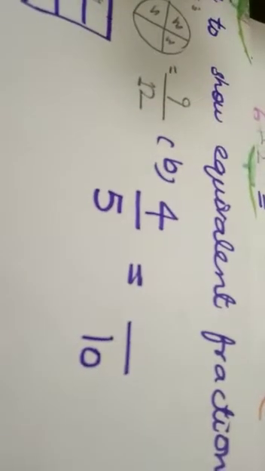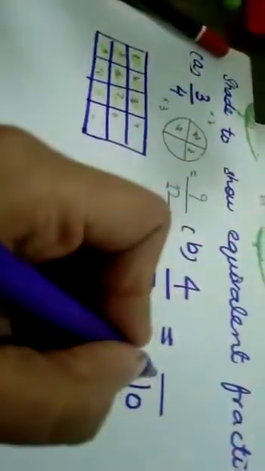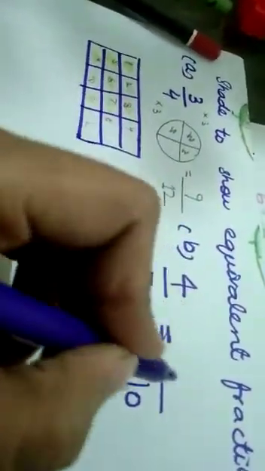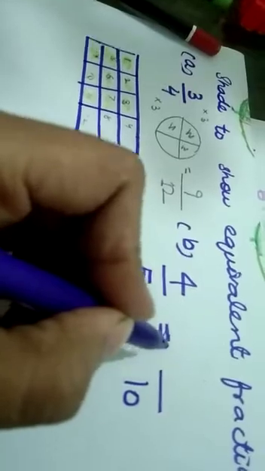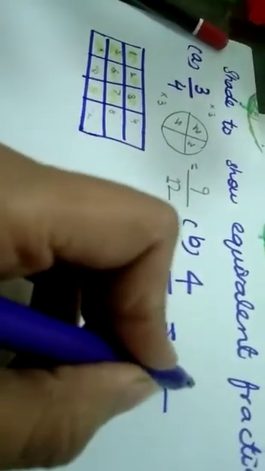Okay, girls? Okay, now, for example, I have given this number, 4 by 5 is equal to something over 10. Okay, 10 is in the denominator and here I have to find the missing number.